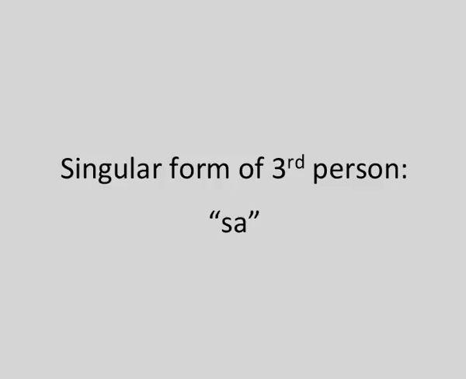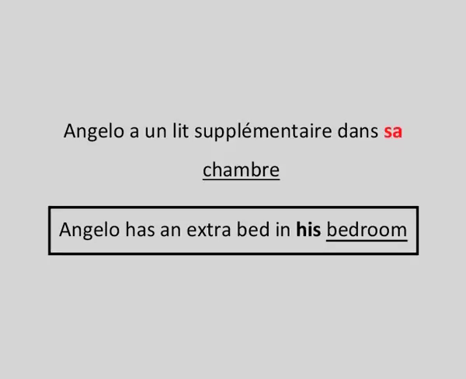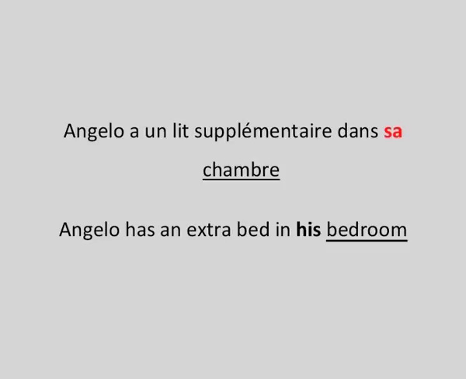Next, let's look at a sentence with sa. Angelo a un lit supplémentaire dans sa chambre. This sentence is translated as Angelo has an extra bed in his bedroom in English. The possessor is Angelo. The modified noun is chambre and it belongs to Angelo.